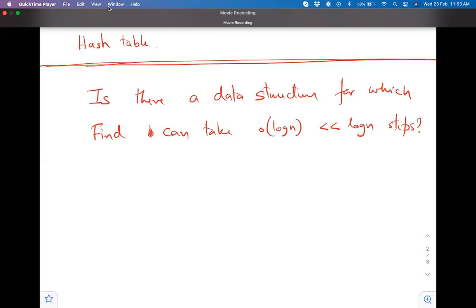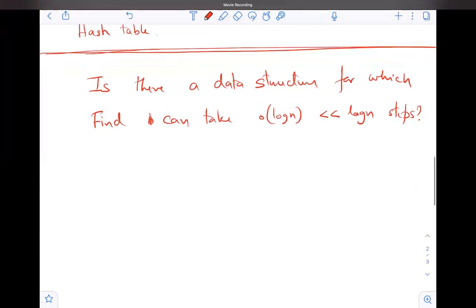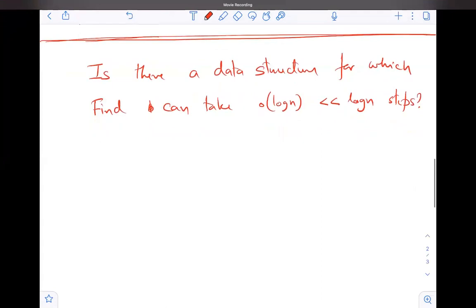What do you say? Hash table, I think it's a hash table. But it depends on the hashing function. How will you find it?